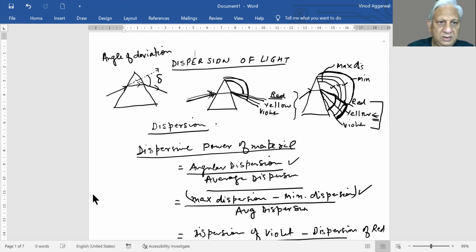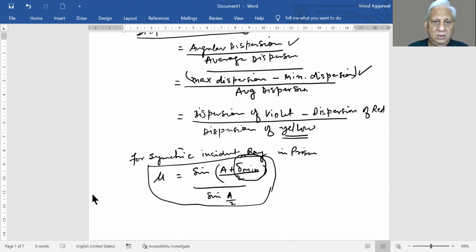And if we adjust, this is our normal, this is our angle I. If we adjust I in such a way that delta becomes minimum, at that time, the incident ray is symmetric.